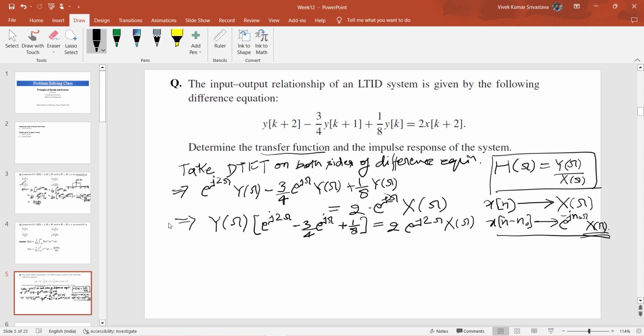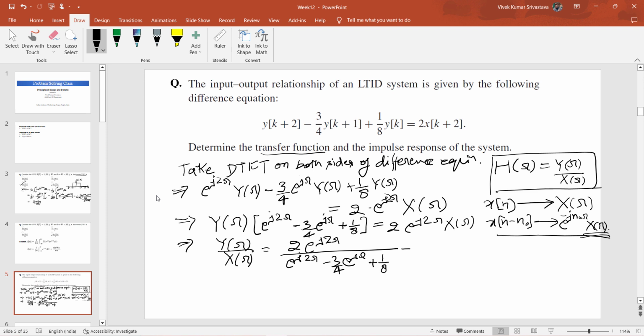Now we can write the transfer function as Y of omega over X of omega. We divide from both sides, so this can be written as 2 e raised to the power j 2 omega over e raised to the power j 2 omega minus 3 by 4 e raised to the power j omega plus 1 over 8.